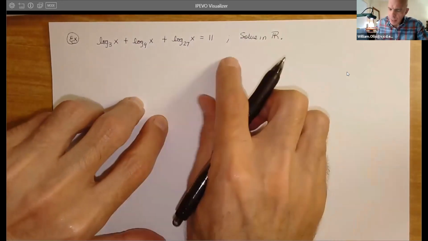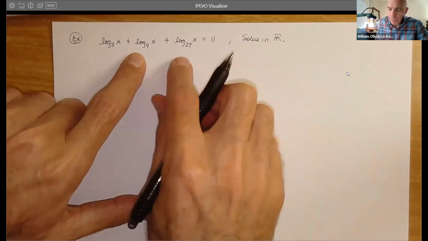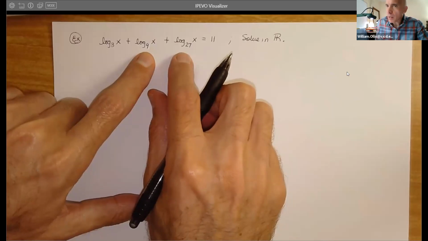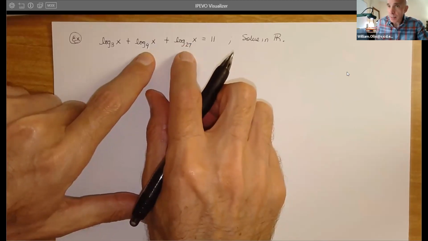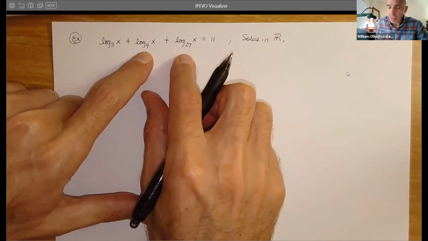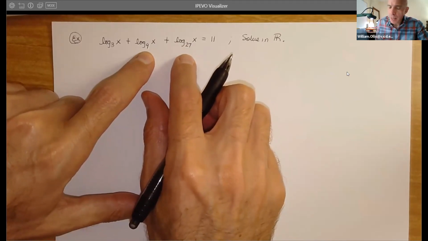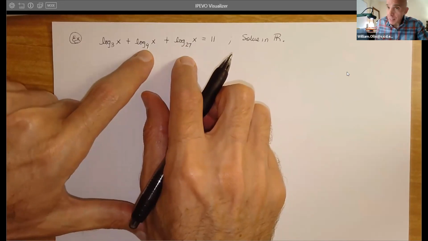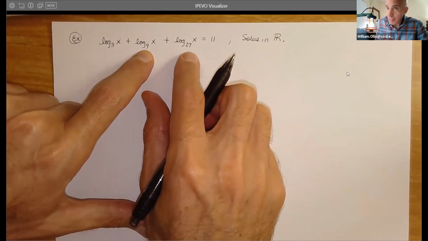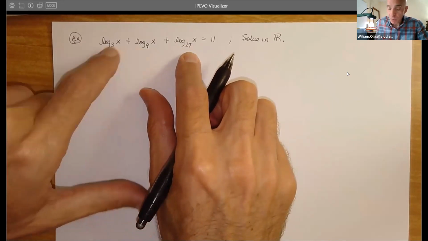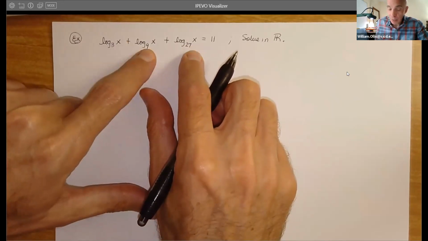So when you look at this, you're thinking, okay, well, I can't really combine these logarithms with the identities because the bases aren't the same. And so you're thinking, well, this is not too bad because this base is a power of 3 and this base is a power of 3. So intuition would say, let's just make everything into 3. That's a 3.